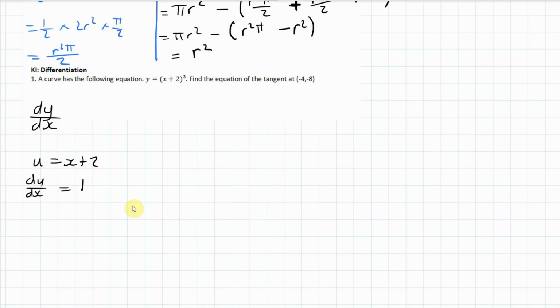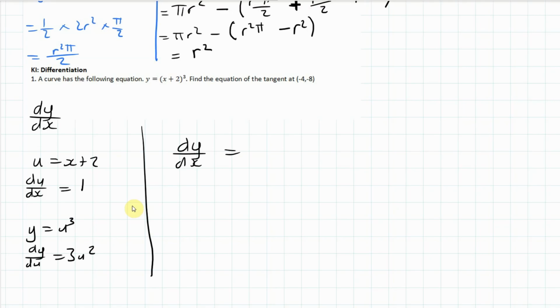And then I could say y is equal to u cubed, and so dy du is equal to 3u squared. And then we just combine those together to get our final answer. So dy dx is equal to 3 u squared times 1, which is just 3u squared. And we can simplify that to 3 times (x plus 2) all squared, because we know what u is. It's this. Okay, so that's that one.